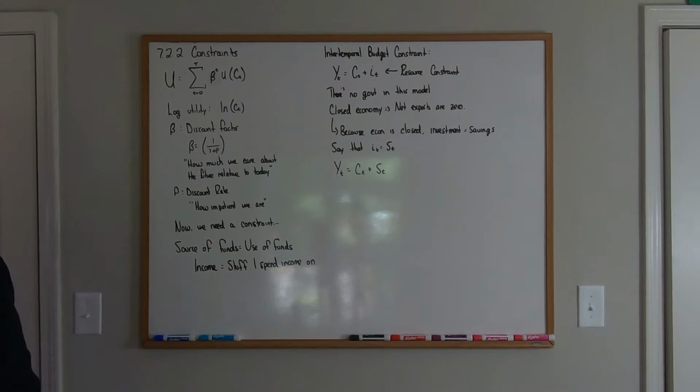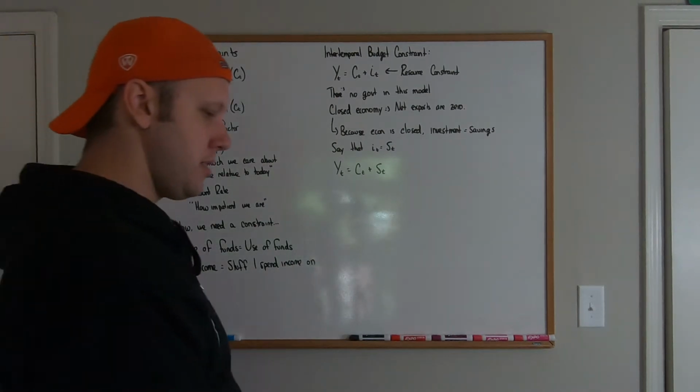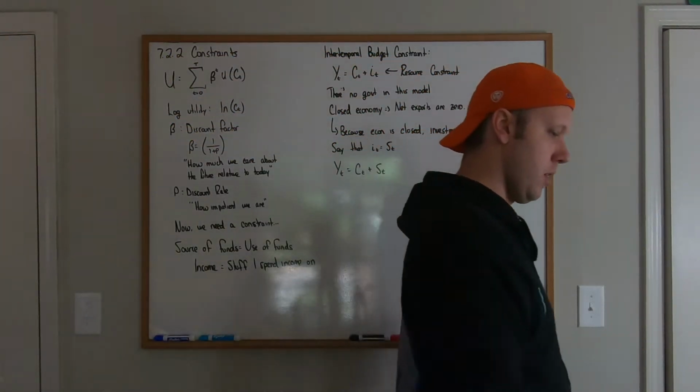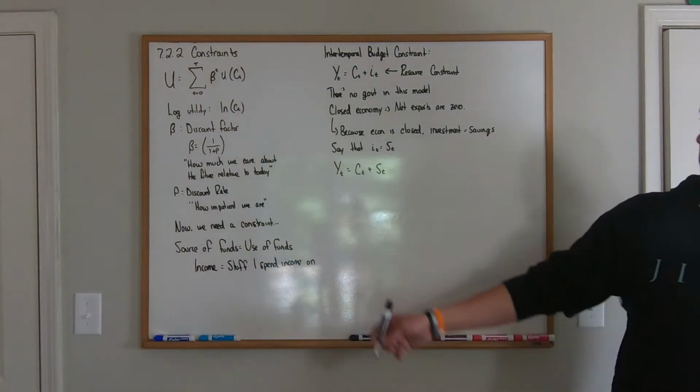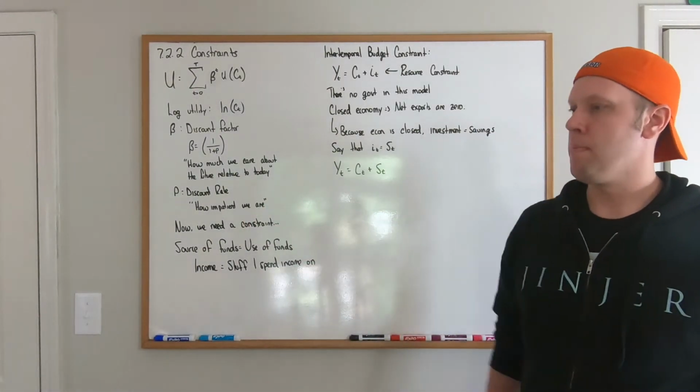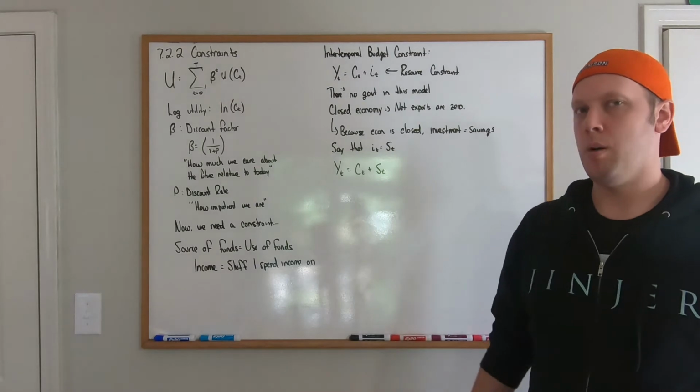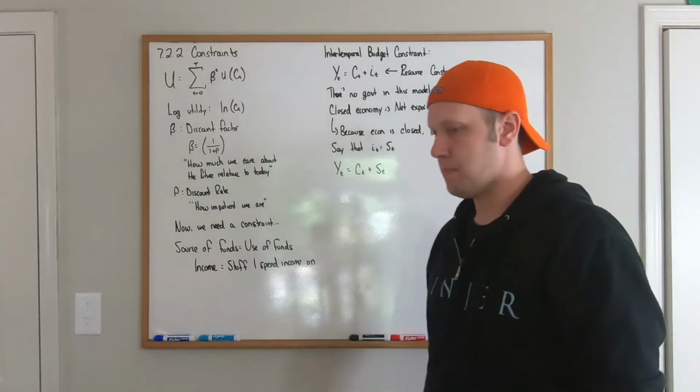Which is good. That's cool. We have something that we can work with here now. Because why would I have any incentive to save? Well, there'd be my preferences on whether I want to save or not. But there's one other component, and that other component is the interest rate.